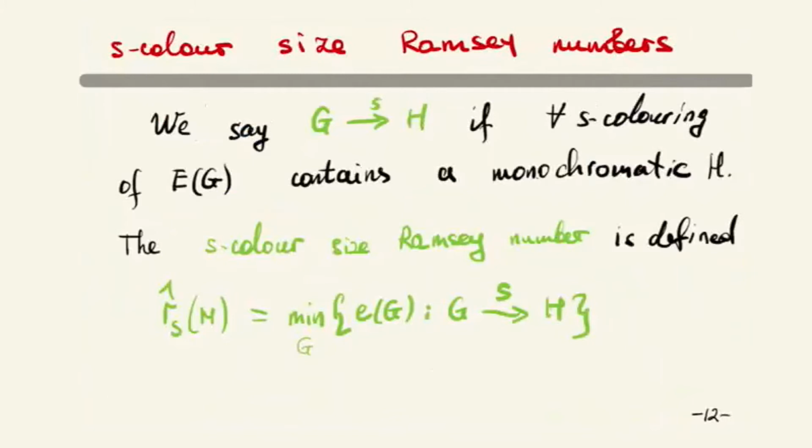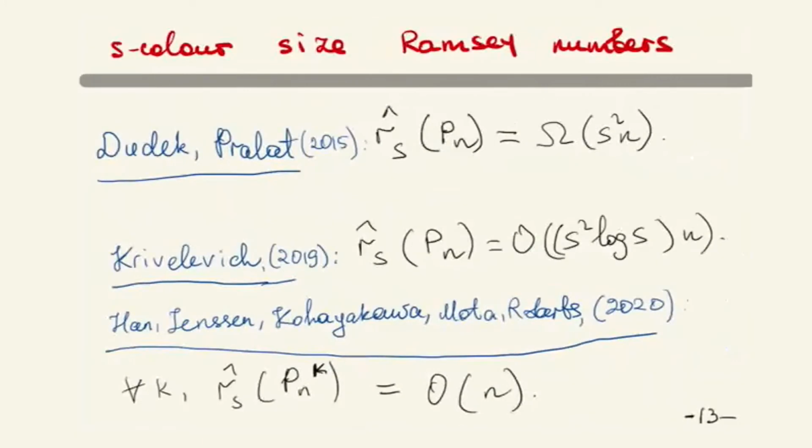Instead of taking a two-coloring of the edge set, you take any s-coloring of the edges of the graph G. And again, you define the s-color size Ramsey number to be the minimum number of edges over all graphs G such that G is s-color H-Ramsey, meaning that any s-coloring of the edge set of G must contain a monochromatic copy of H. In general, s-color size Ramsey numbers are usually harder because you have more colors.